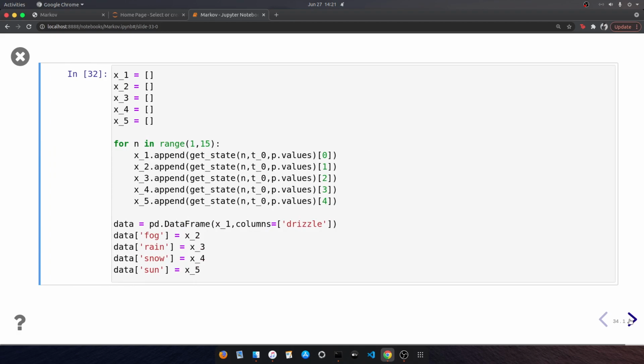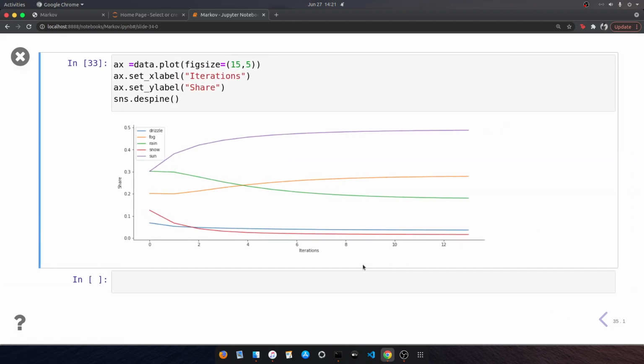All right, and again, I will just write some manipulation so we can look at the graph. As we can see here, it's expected that the highest probability goes to the sunny type of weather, since again, as we have seen from the data, it has the largest number of occurrences.